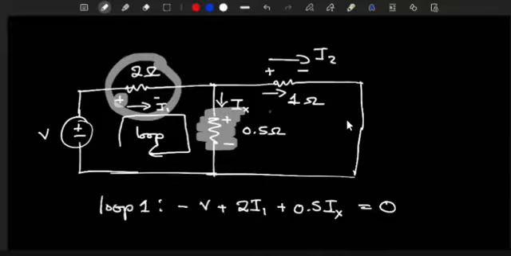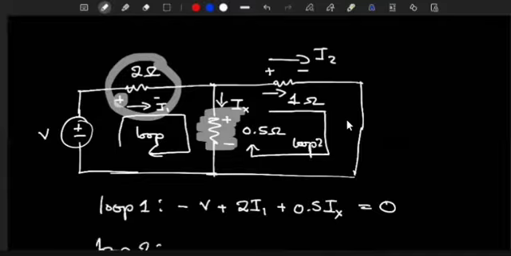But observe what happens when you loop this side in loop 2. For loop 2, when you do the same thing, when you come this side, you find it minus first. So you will have minus the current passing there, Ix, the resistance there, 0.5. And then when you continue, you find this one positive first. So you have plus the current passing there, I2, the resistance there, 1, is equal to 0.